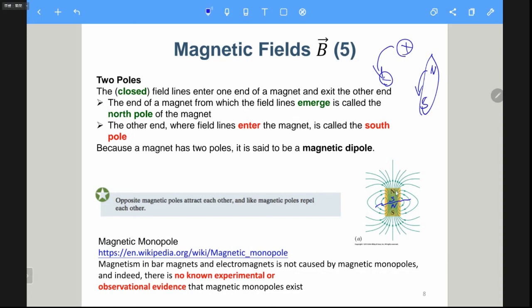So you can imagine, this is a so-called magnetic dipole, formed by many small dipoles, and when they are joined together, they point in the same direction and act as a single magnetic dipole. If you try to break it, it will still be a magnetic dipole. You can never find a magnetic monopole.